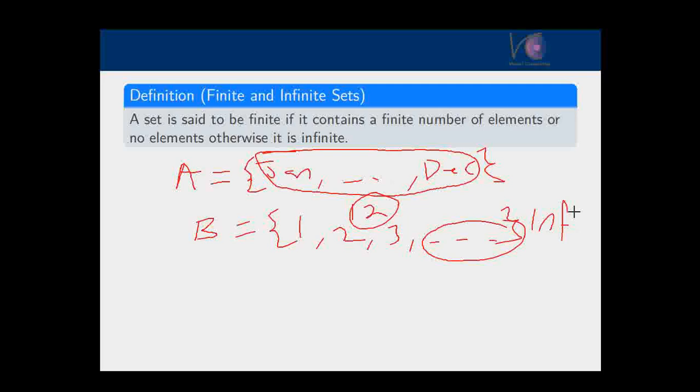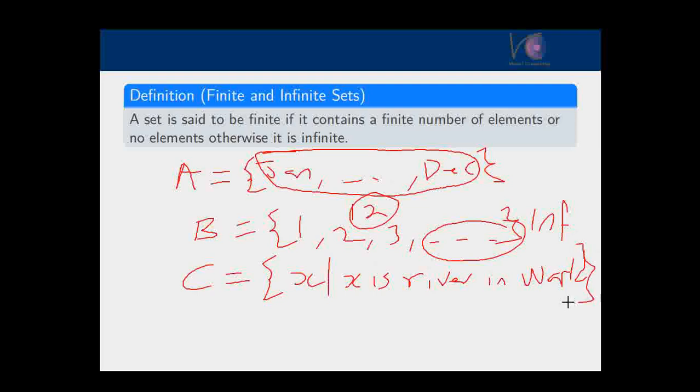Can I have another example? Let C be a set with an element X such that X is a river in the world. Is set C a finite or an infinite set? What do you think?